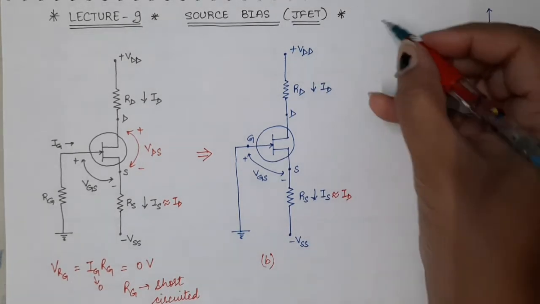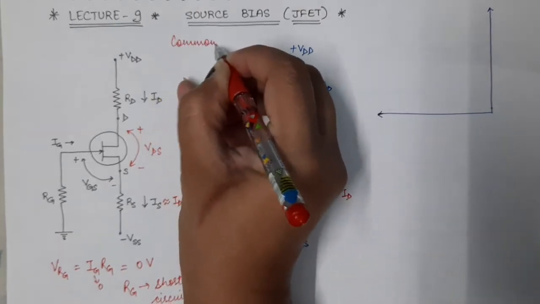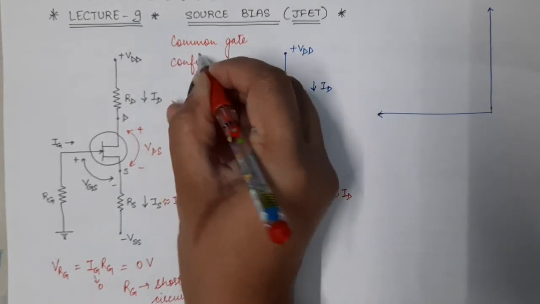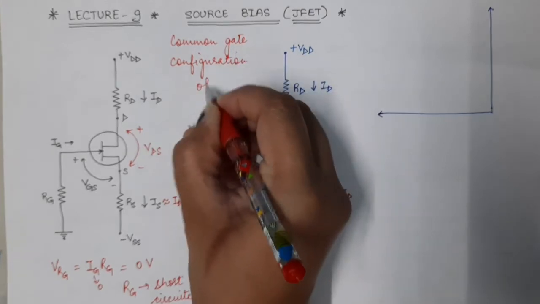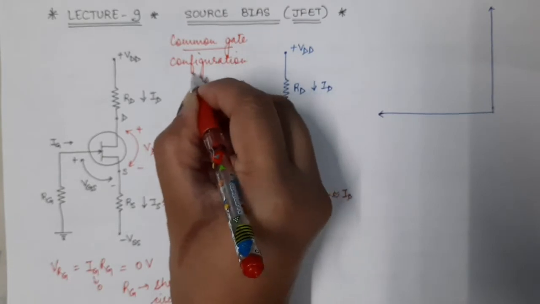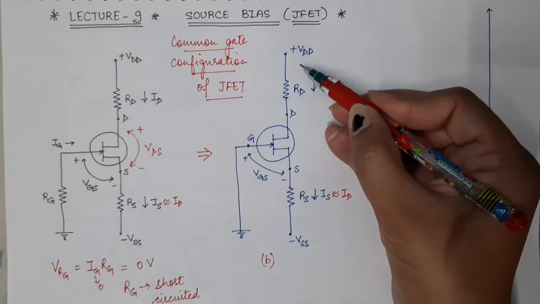So this configuration is also known as common gate configuration of biasing of JFET, because gate is common to input circuit as well as to the output circuit.